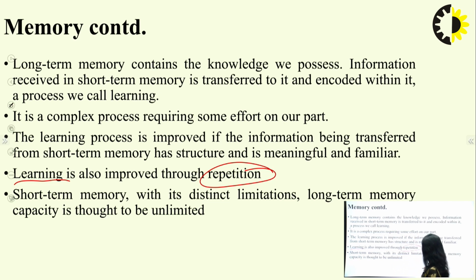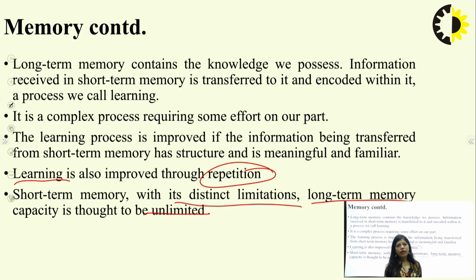In short term memory the capacity is limited, but in long term memory the capacity is unlimited, because it holds a large amount of information, whereas in short term memory the amount of information is small.